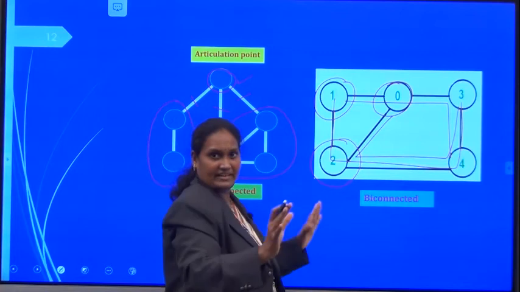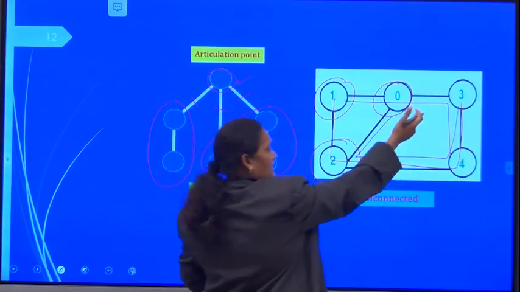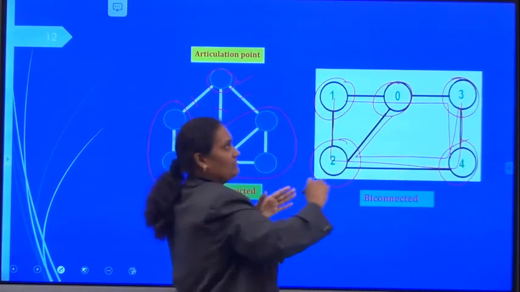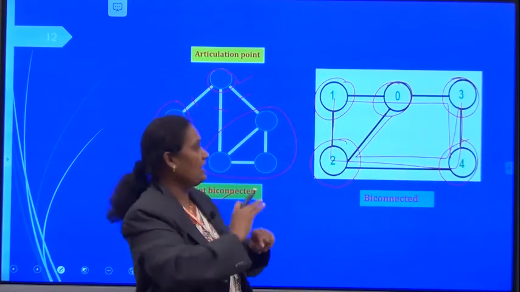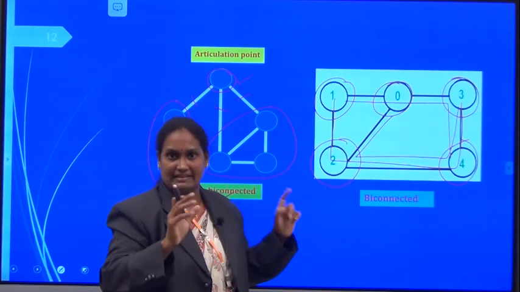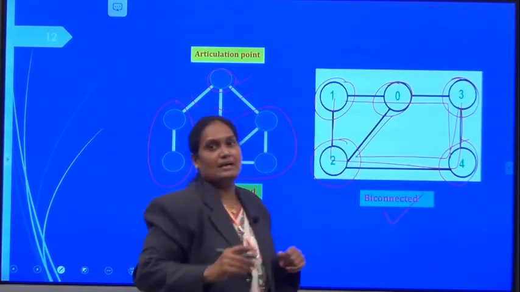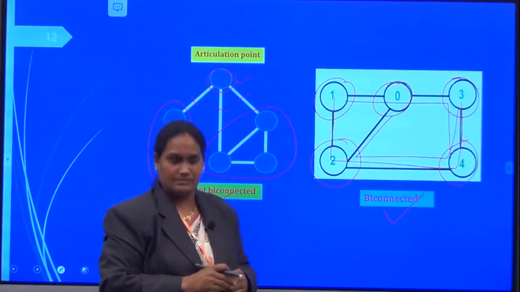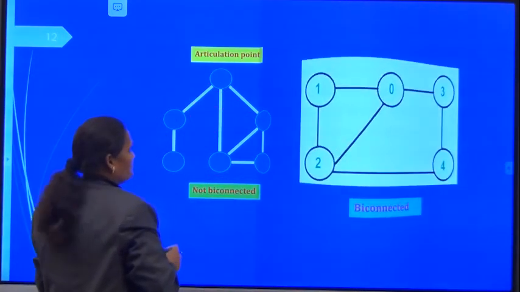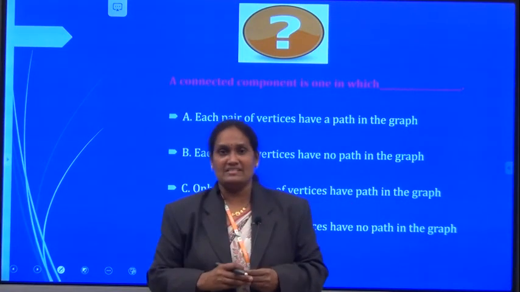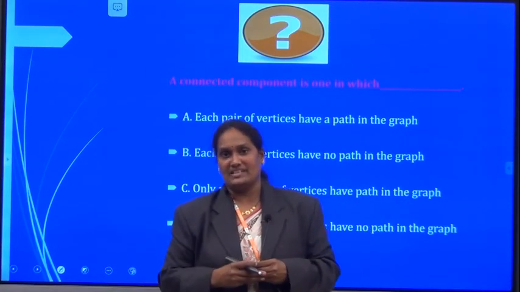It is not divided into 2 components. In the same way, you can observe 3 and 4 also. By removing any vertex in that graph, the graph cannot be divided into connected components. So we can call this graph a biconnected graph. I hope you all understood what are connected components and what are biconnected components.